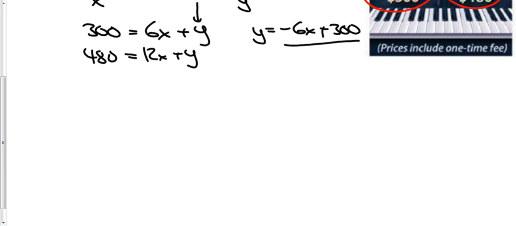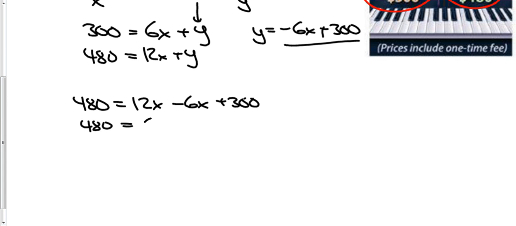You want to plug it back into the new equation. Okay, so let's do it. So that says that 480 is going to equal 12 times x plus, well, plus negative 6x, so minus 6x plus 300. Combining like terms gives me 6x plus 300.